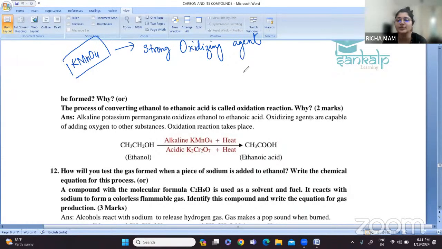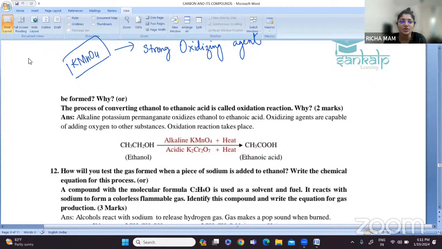In our previous classes we have seen all these things: what is the meaning of a good oxidizing agent, what is the meaning of a good reducing agent. So KMnO4 is a good oxidizing agent.